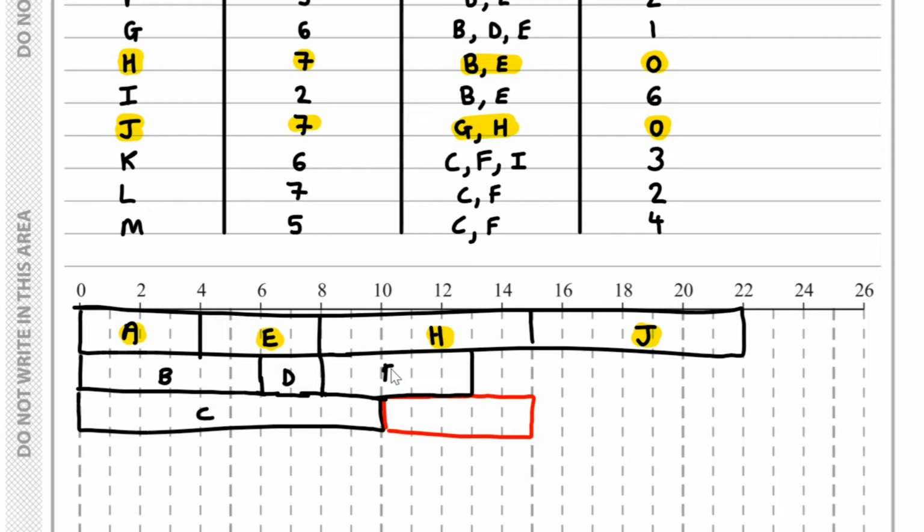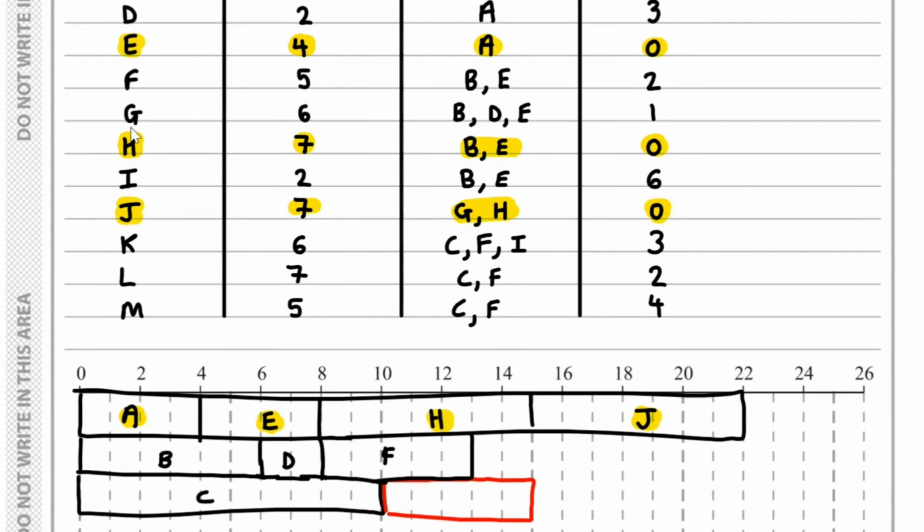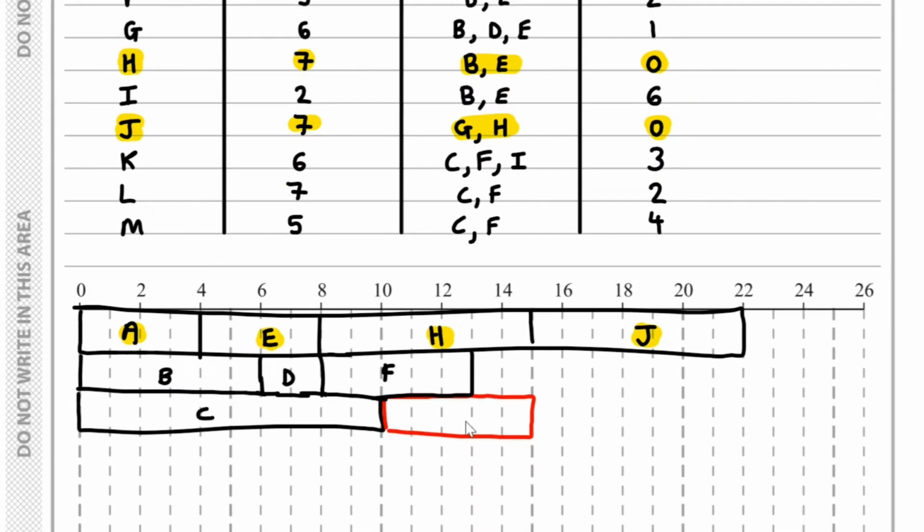So this is F. And if I take a look at G, this has got a duration of 6, and this depends on B, D, and E completing. So I can actually start G over here.